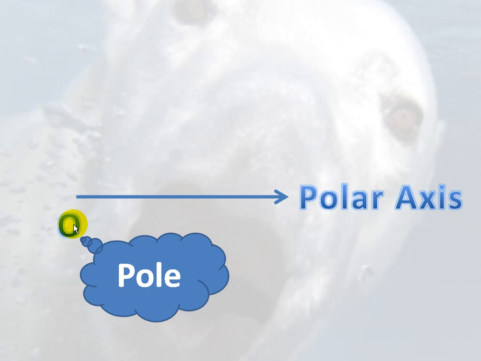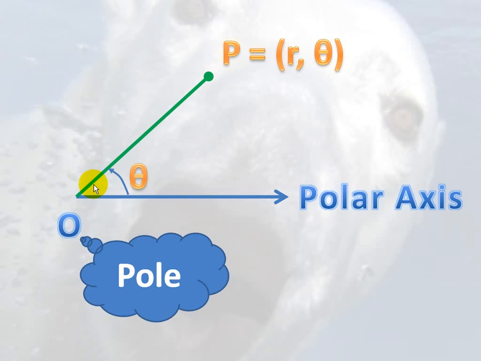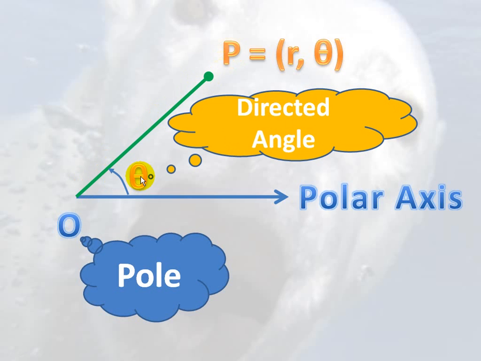Now, we use this to identify the location of points. For example, this point we're calling P. And what we want to look at is the angle that's formed here. We're going to call that the directed angle.